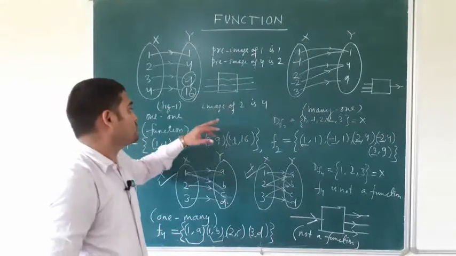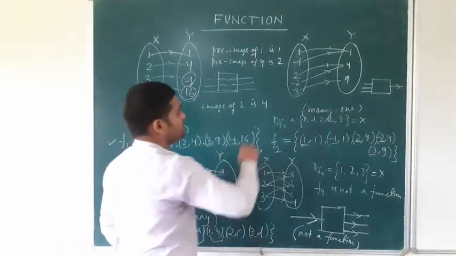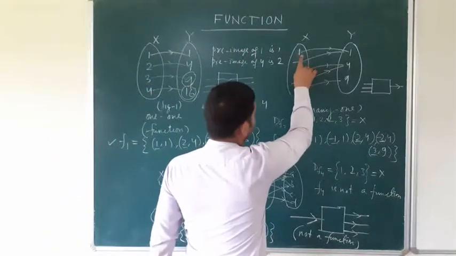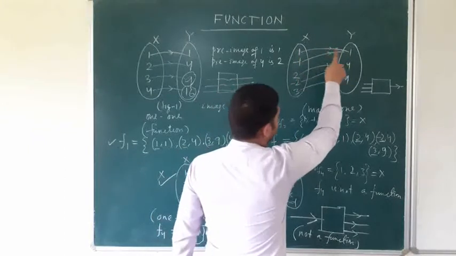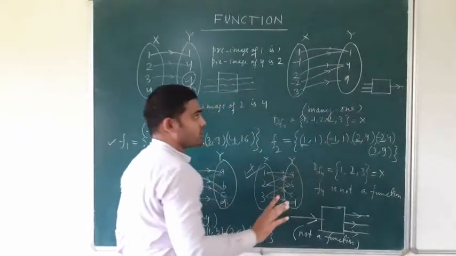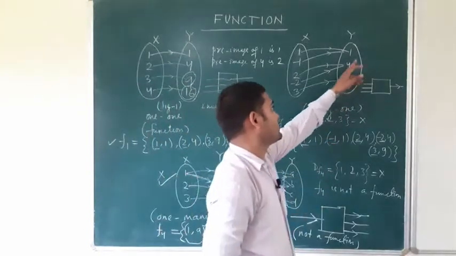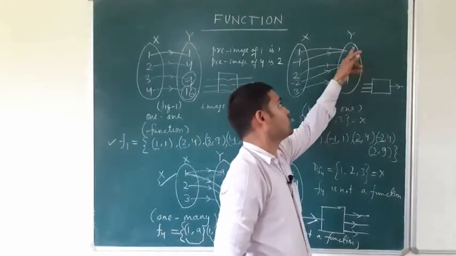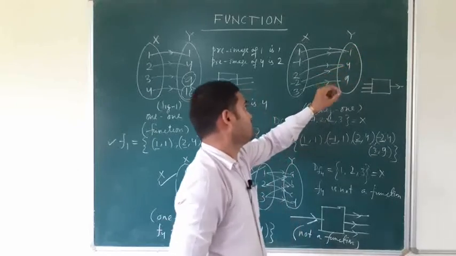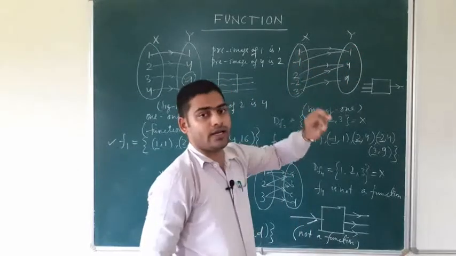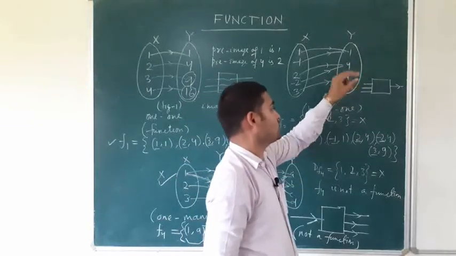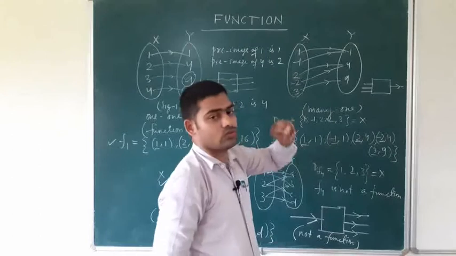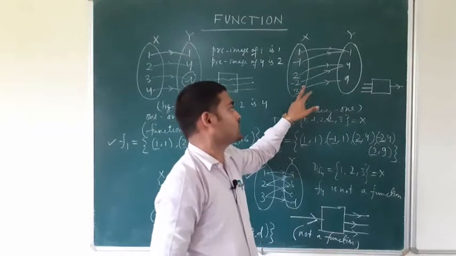Okay? So, image of 1 is 1. Image of minus 1 is 1. Okay? Here you can say pre-image of 1 is 1 and minus 1. Pre-image of 4 is 2 and minus 2.